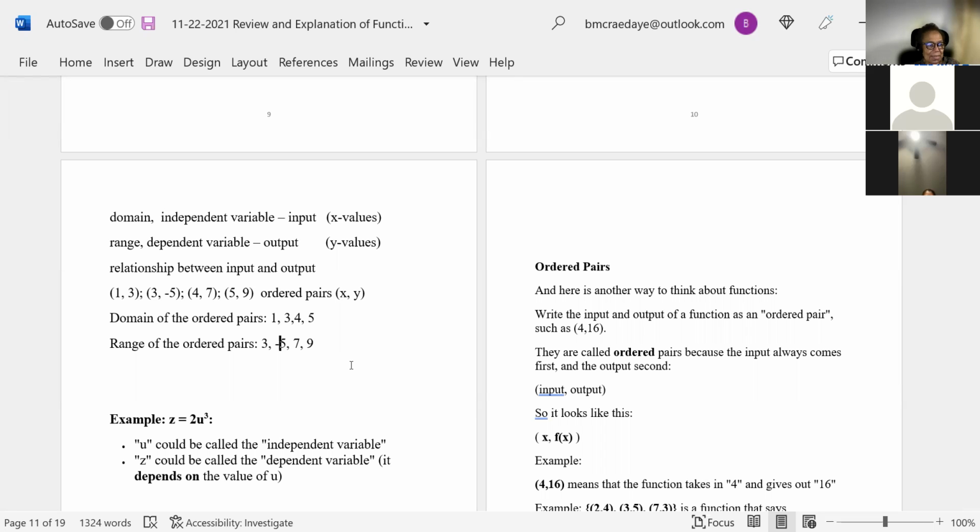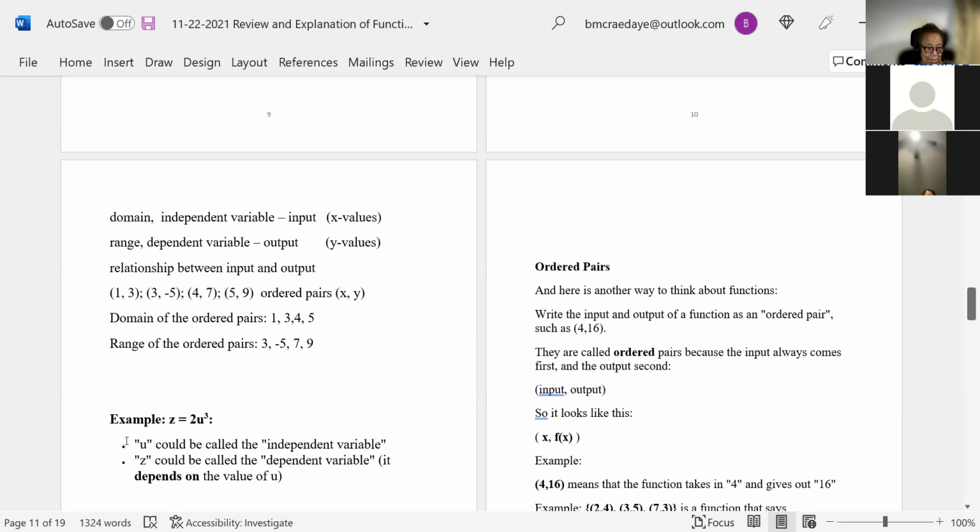The domain are the X values, the range is the Y values, okay? Questions? No. The domain is the X values, that's the independent variable.